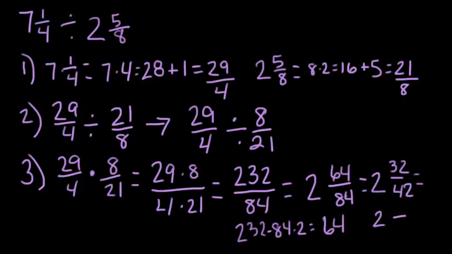Keep the 2. 32 divided by 2, 16. 42 divided by 2 is 21. So that's where we will stop because 21 can't be divided any lower with 16 as a factor in it. So we have 2 and 16 over 21.